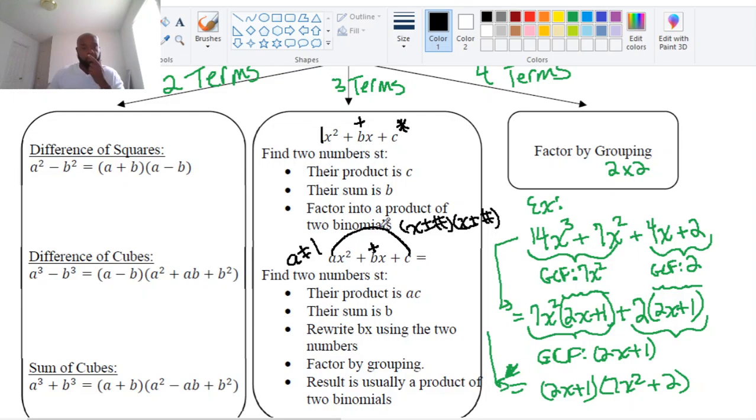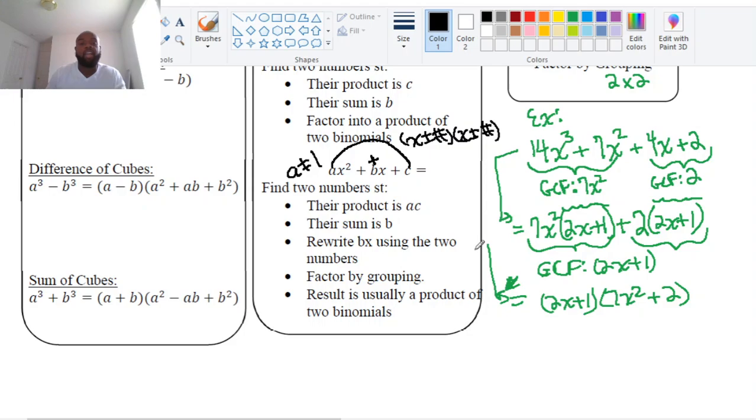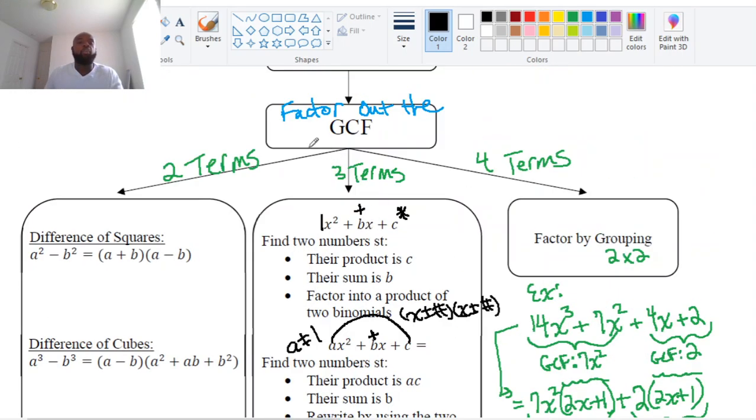Then we rewrite the bx term using the 2 numbers that we just found. We factor by grouping because we're writing using 4 terms, and then we're going to have a product of 2 binomials similar to here, but it's not just going to necessarily be an x and an x. It may be a coefficient with the x's here.